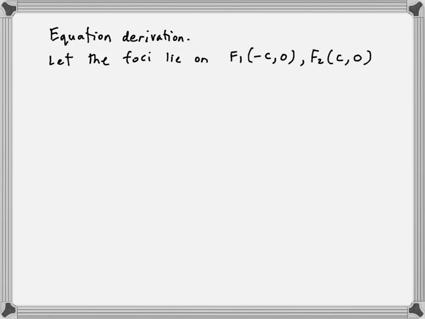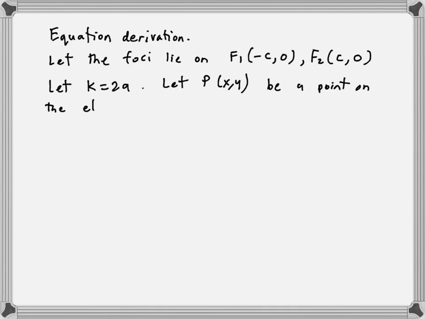Those are going to be the two foci. And we're going to let K, the constant, be 2a. This is allowed because any positive number can be cut in half, right? So really a is just half of the constant we had before. So let k equal 2a. And finally, we're going to say let P, which has coordinates x, y, be a point on the ellipse.